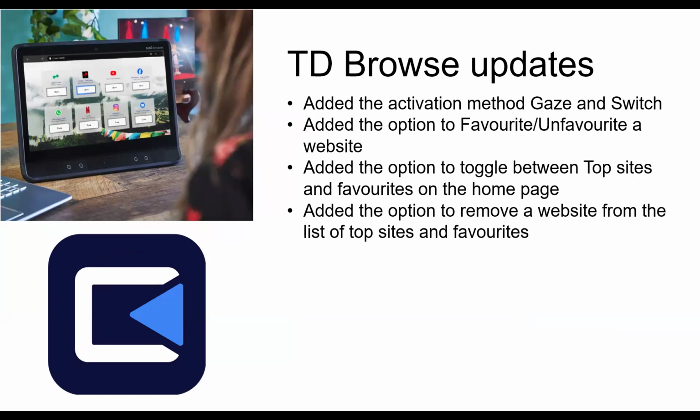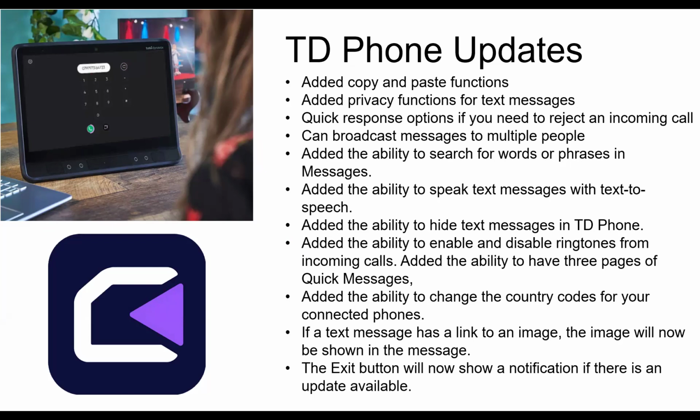On TD Browse, there are a few extra functions: again, gaze and switch as an access method, the ability to favorite and unfavorite a website, toggle between top sites and favorites on your homepage, and an option to remove a website from your list of top sites and favorites. TD Phone has a more significant list of updates.